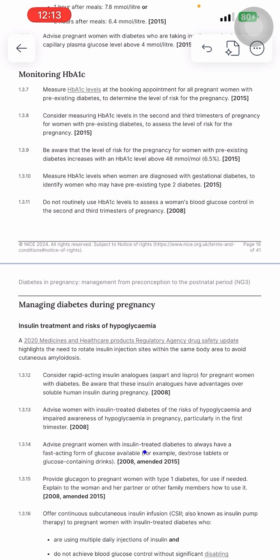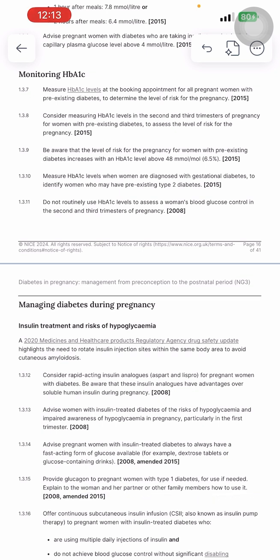Advise women with insulin-treated diabetes to always have a fast-acting form of glucose available, for example dextrose tablets or a glucose-containing drink. So they should have these available because there is a chance of hypoglycemia. Provide glucagon to the pregnant woman with type 1 diabetes for use if needed. Explain to the woman and a partner or other family member how to use it.